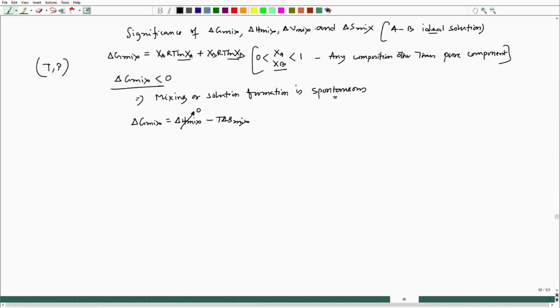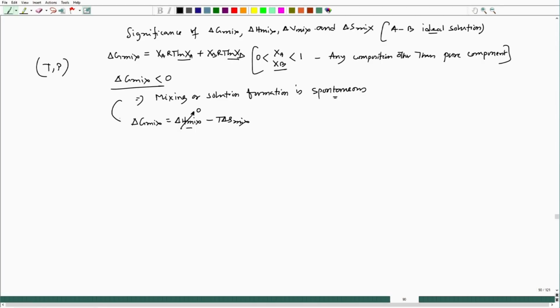So we can easily say that for ideal solution formation, delta G mix is less than 0 and it becomes spontaneous. But in the case of a real solution, delta H mix cannot be 0. It can be positive or negative, highly positive or highly negative. So we will see later, when we treat a situation where there will be a contribution from enthalpy to the solution formation.